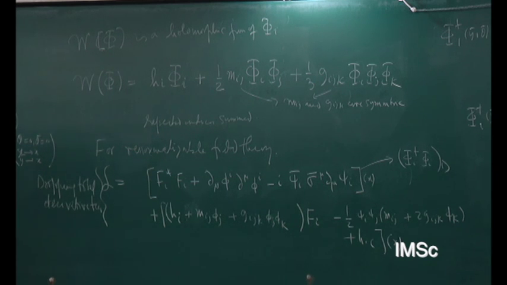Now we have written down the most general Lagrangian in 4 dimensions, supersymmetric invariant Lagrangian that we can have in 4 dimensions made up of chiral superfields. Renormalizable.